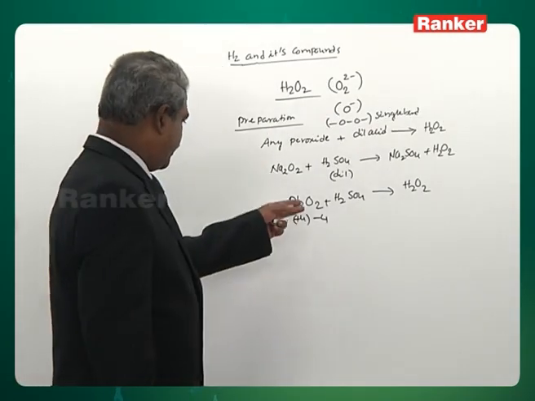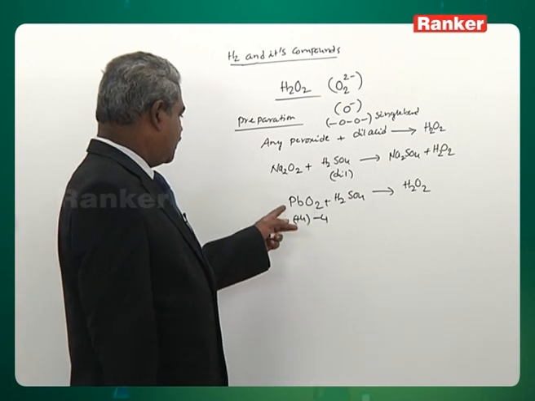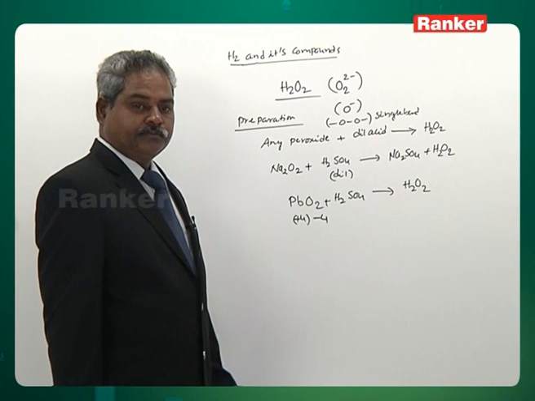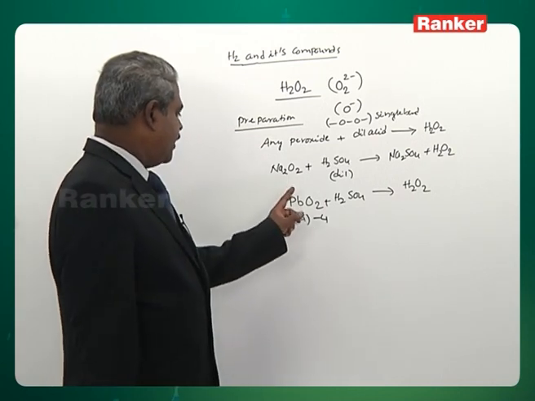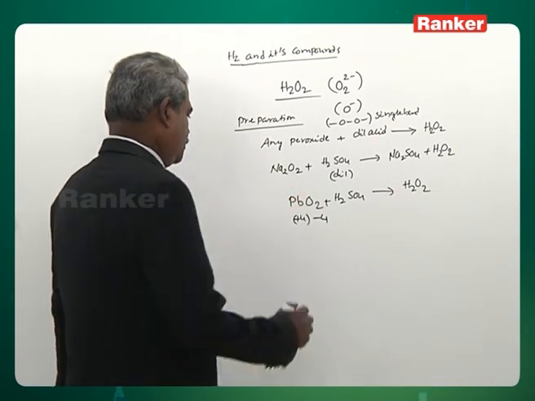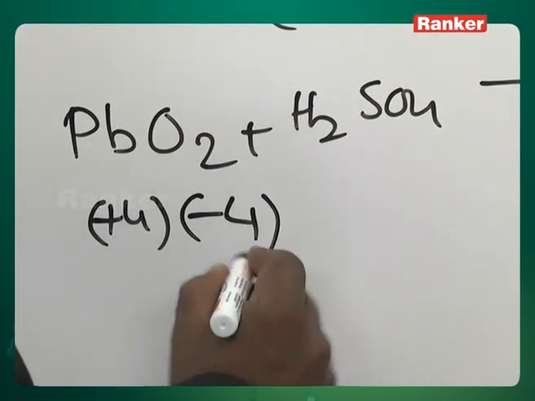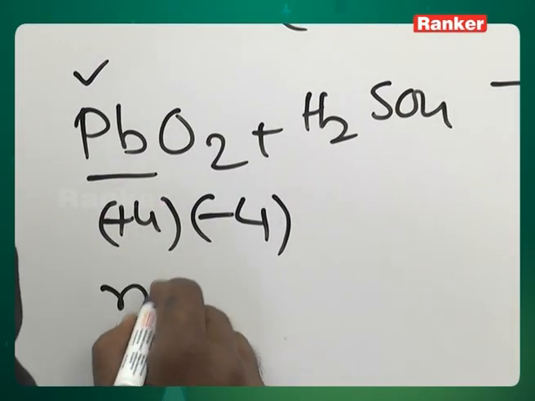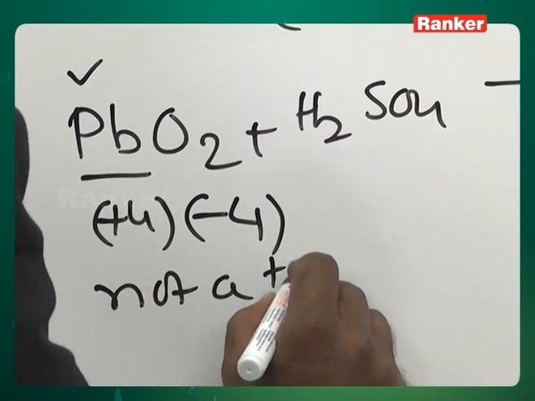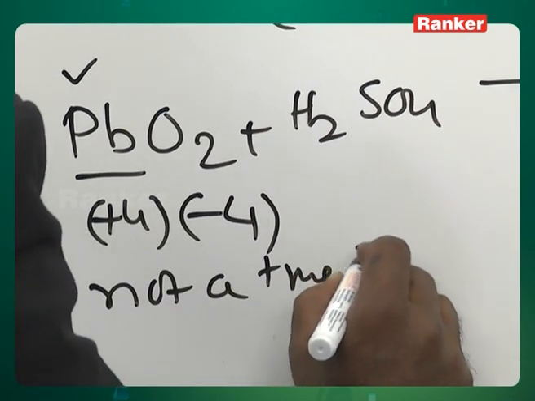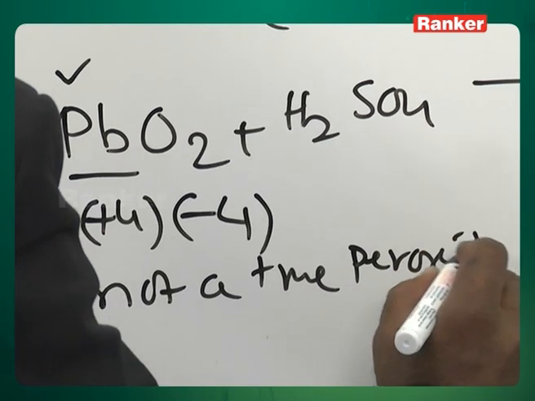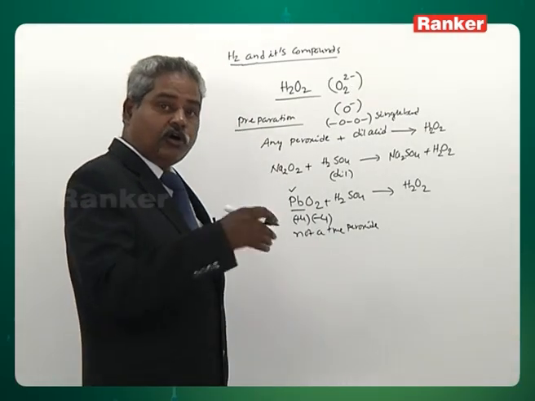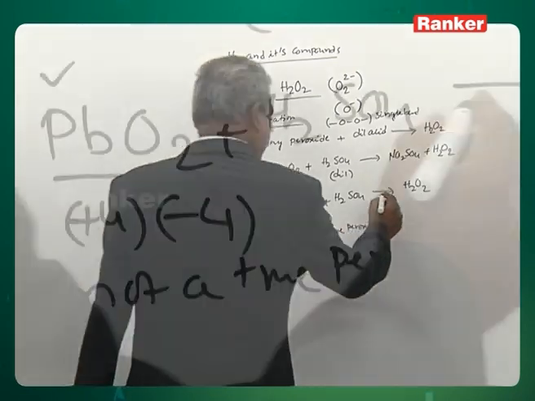Oxygen is minus 2 here because lead doesn't mind allowing oxygen to be minus 2. So, even if it is minus 2, lead can still take plus 2. Therefore, not a true peroxide. Why do you say it is not a true peroxide? Earlier it was called lead peroxide. Though it is not a peroxide, it was called peroxide. Therefore, you don't get H2O2.